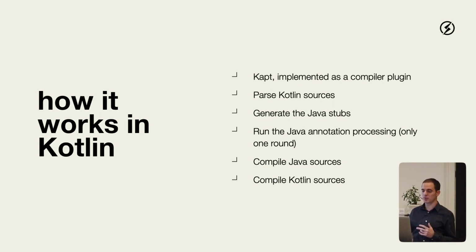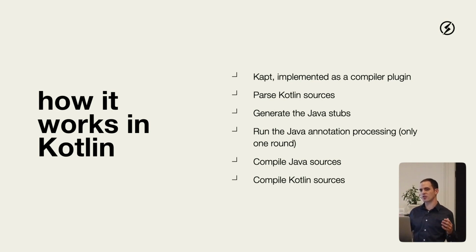That means that you can only pass the Java model to it and not the Kotlin model, because obviously it will not understand the Kotlin model since it's a Java thing. So to have a bridge over this, first the Kotlin compiler generates a Java stub from all your Kotlin sources and dependencies.